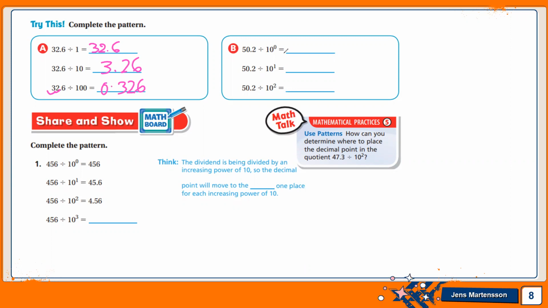Okay. Now, Haneen. Yes, Haneen. Now B. 50.2 divided by 10 to the power of 0. If the power here of the 10 is 0, how many digits do you have to move the decimal point? What's the meaning of 0?